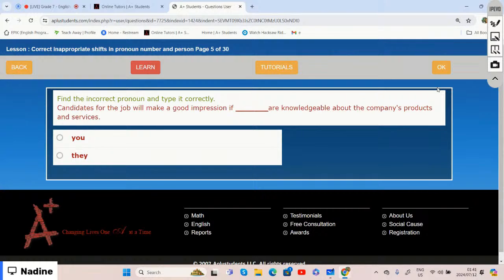And candidates are people who applied for the job, because candidates for the job will make a good impression if. So since we're making mention of more than one candidate, we say if they are knowledgeable about the company's products and services.